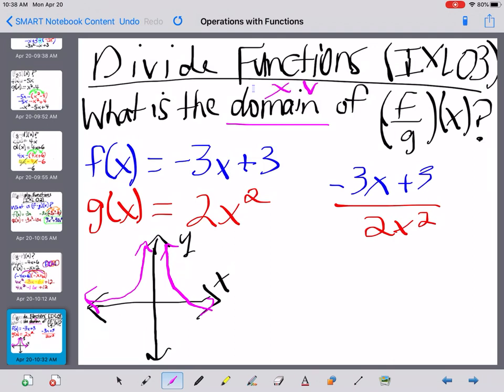That's really important. So we're going to be trying to figure out what are all of the possible values of x. If it was asking me about the range, I would want to know what are the possible values of y. The way I always remembered it is D comes before R as X comes before Y. So domain is your X, range is your Y. That's one way to remember, so that you don't get them mixed up.